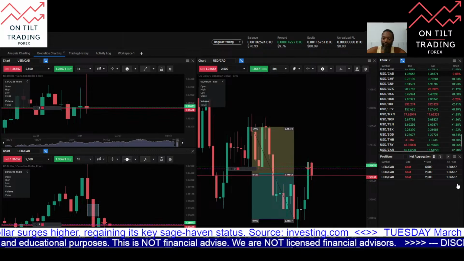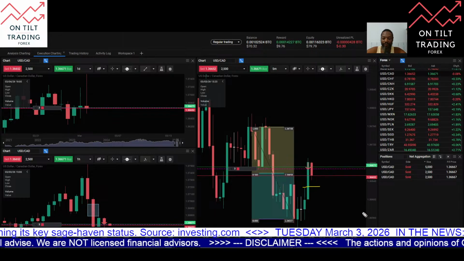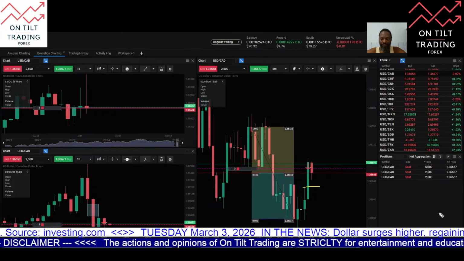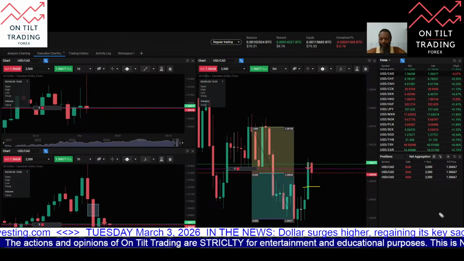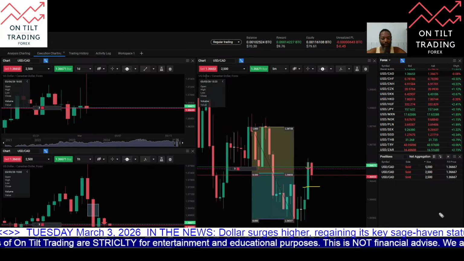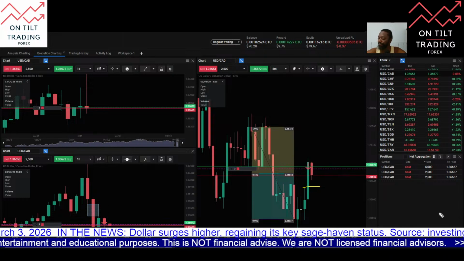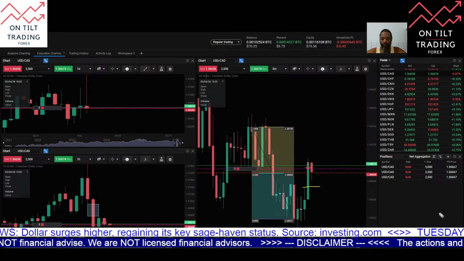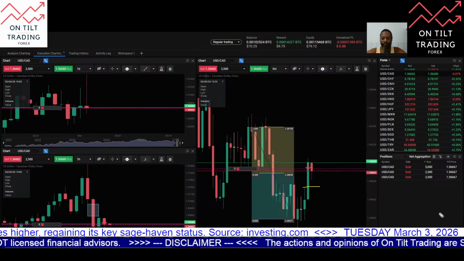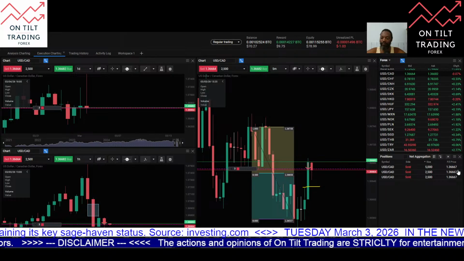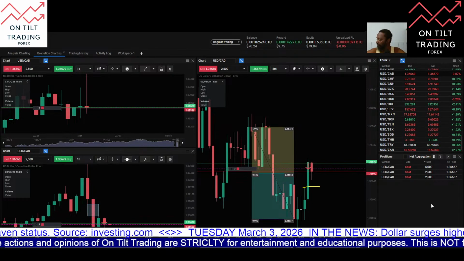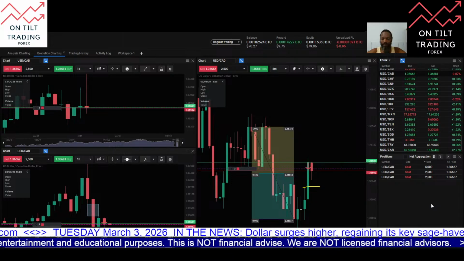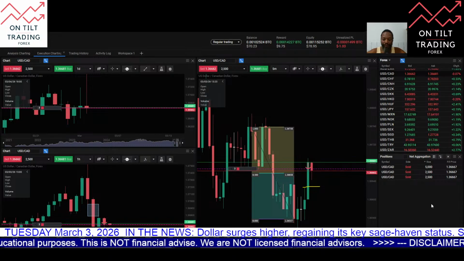And again, ideally wanting to see price return to this level here to eliminate the possibility of a bullish fair value gap. About halfway through this 5-minute candle. Price still consolidating here.